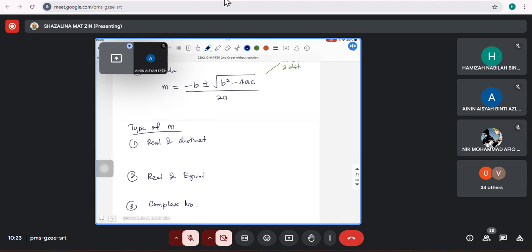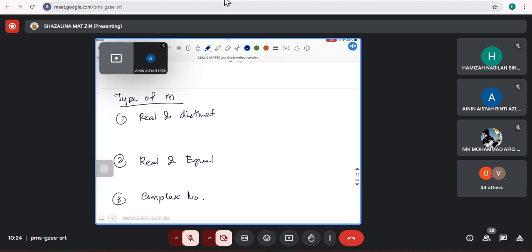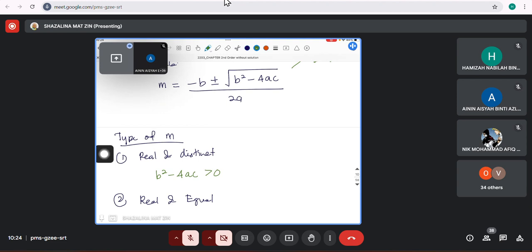All of these types of m depend on the formula. What does it mean? Real and distinct means your b squared minus 4ac is greater than 0. Where does b squared minus 4ac come from? From the formula.